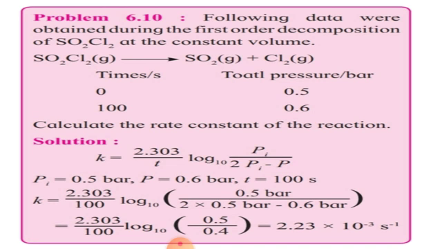What is the rate constant? Rate constant is your k. So as the reaction proceeds in gaseous state, we are going to apply the integrated rate law equation for gas phase reaction, which is k is equal to 2.303 upon t log to the base 10 Pi upon 2Pi minus P. Here Pi, the initial pressure, is given as 0.5 bar and P is 0.6 bar.